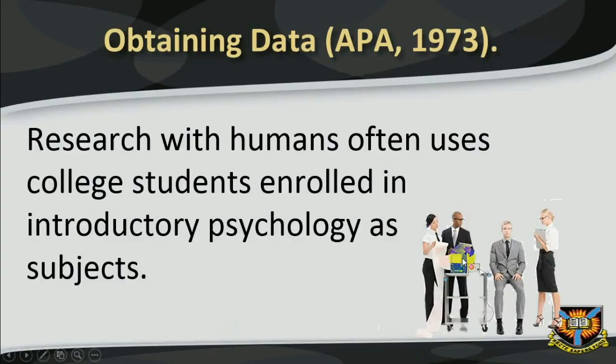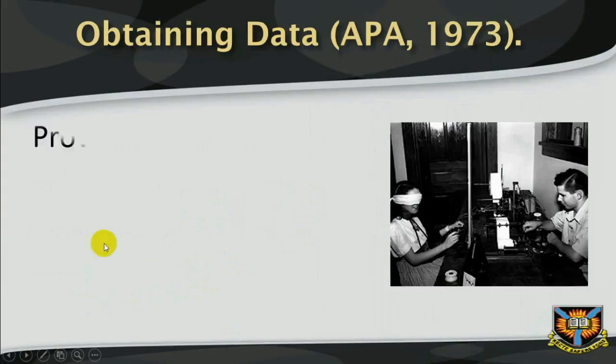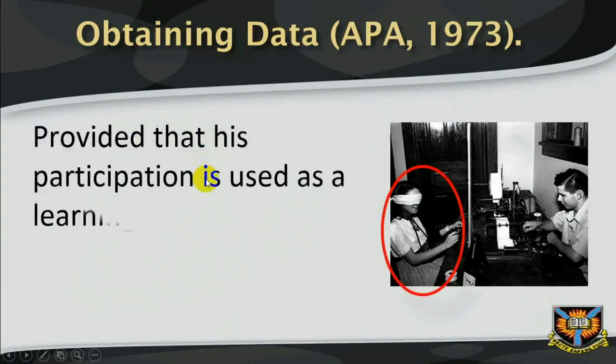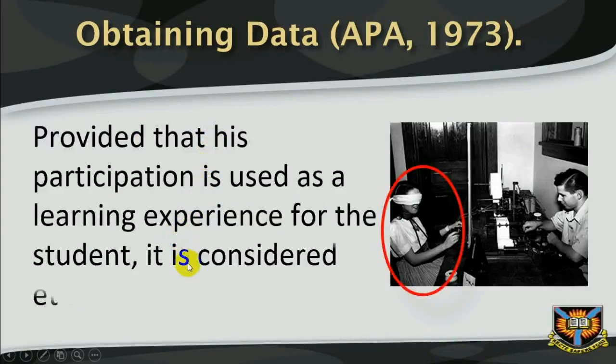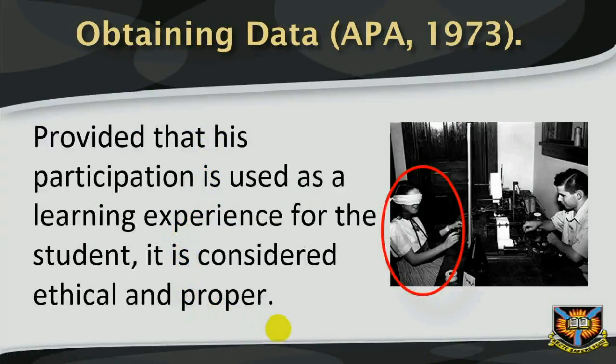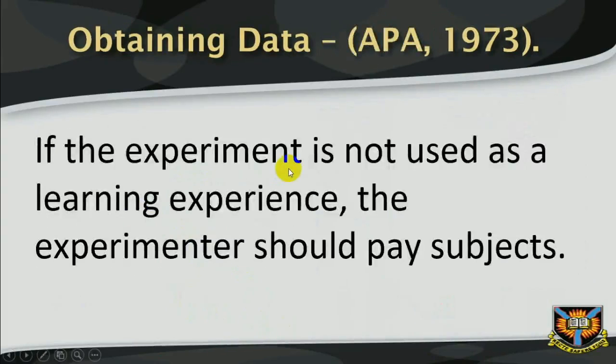Research with humans most often uses as subjects college students enrolled in introductory psychology. Provided that their participation is used as a learning experience for the students, it is considered ethical and proper (APA, 1973). If the experiment is not used as a learning experience, the experimenter should pay subjects.